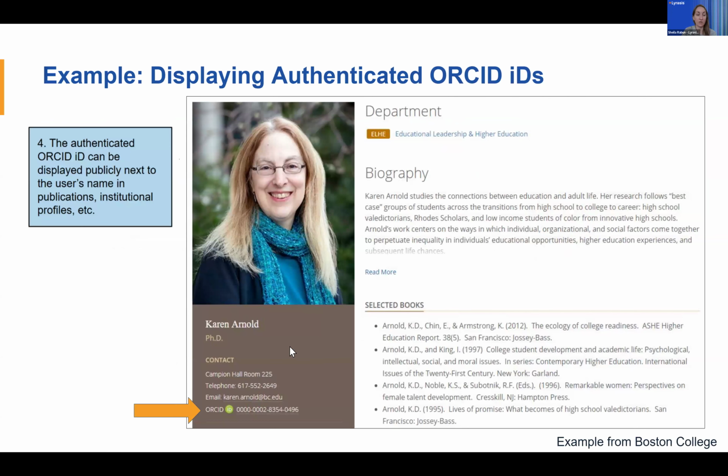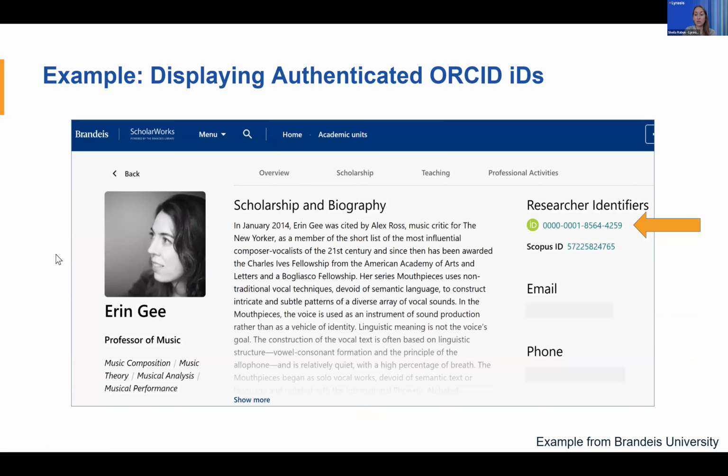token. Once you have those authenticated ORCID IDs, we do recommend that you use them and display them wherever it makes sense. So we've got some examples here of these ORCID IDs being displayed on faculty profile pages. This example is from Boston College. We have an example here from Brandeis University, and this is actually a professor of music.